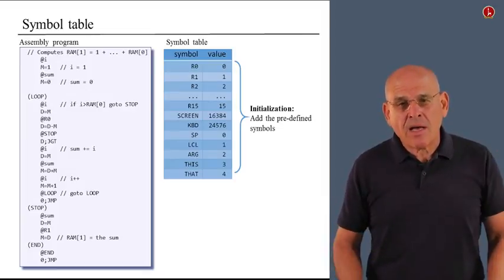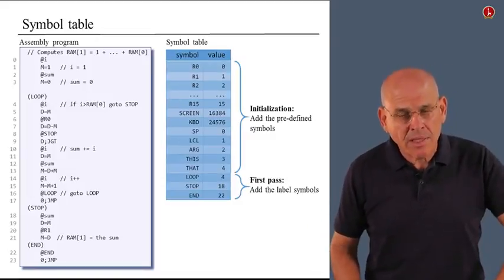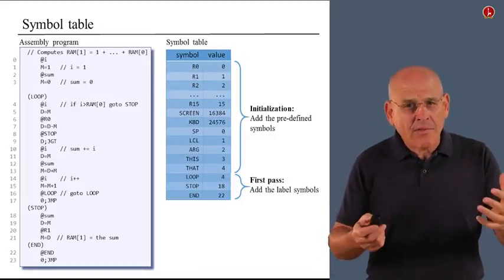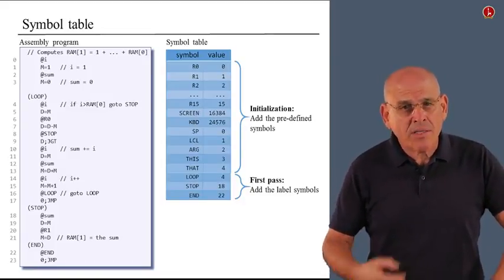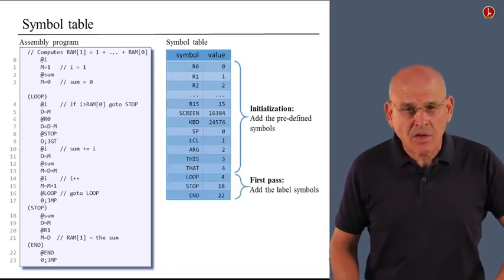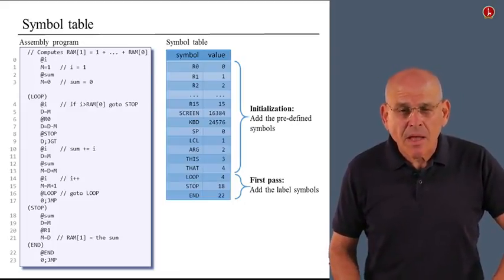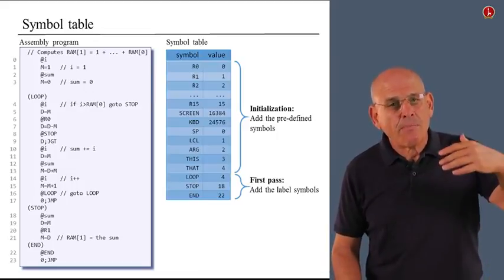Based on this scanning, you can continue to build the symbol table. And at the end of this process, you have added to the symbol table all the symbols that represent go-to destinations in your program, label symbols. Now, we call this process the first pass.